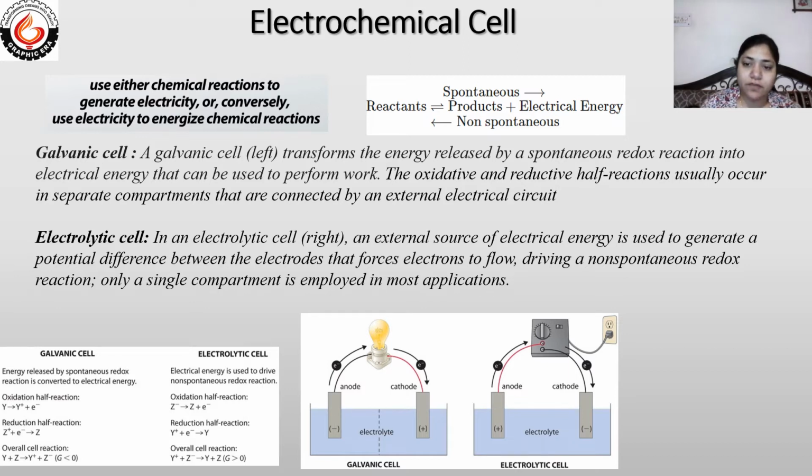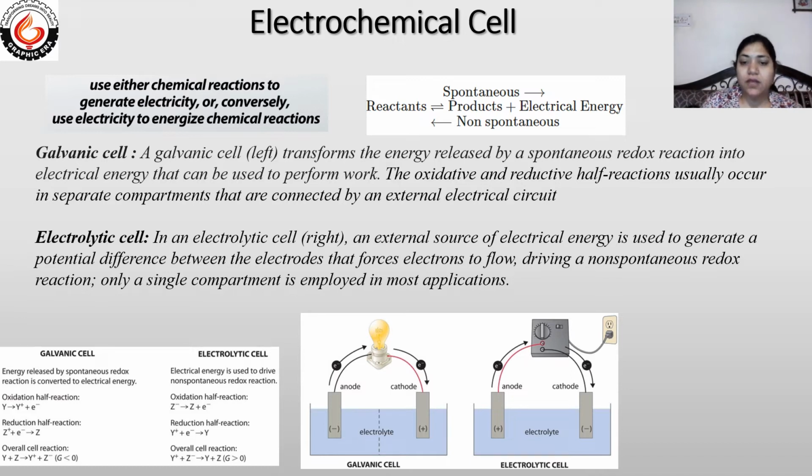So the major difference is that in a galvanic cell, first the electrode potential is developed, and then due to this electrode potential, the electrons flow to an outer circuit. But in an electrolytic cell, electrical energy is provided to the electrode, and due to this electrical energy some chemical reaction happens, and after that chemical reaction the electrons go into the circuit.